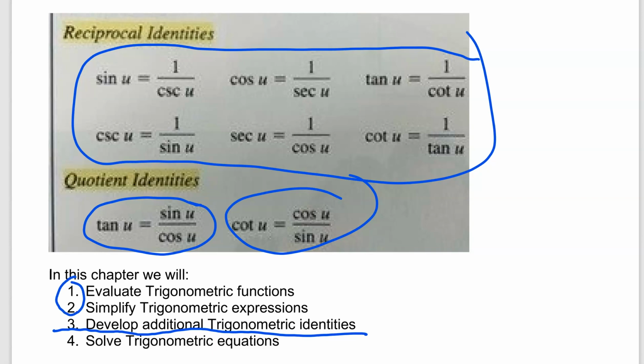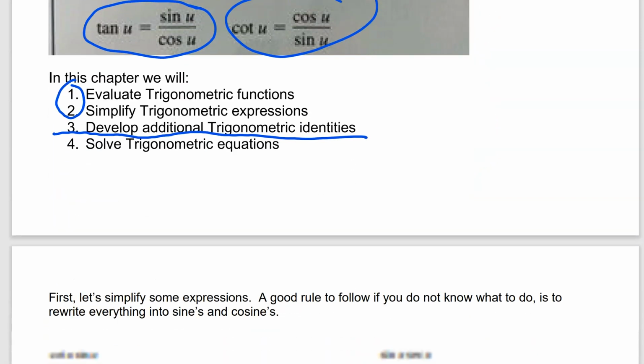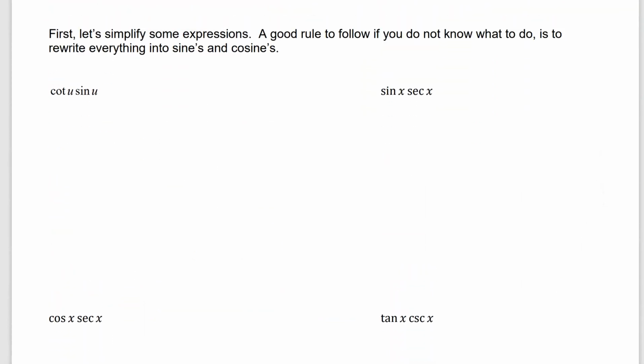We're going to start off easy first, though, right? We've got a homework assignment today. It's on the online textbook, and it's just simplifying expressions, okay? So here's the first one we like to simplify. And we're trying to make it easier, right? Like reducing a fraction or something like that. A good rule to follow is sometimes just try rewriting things in terms of sines and cosines.